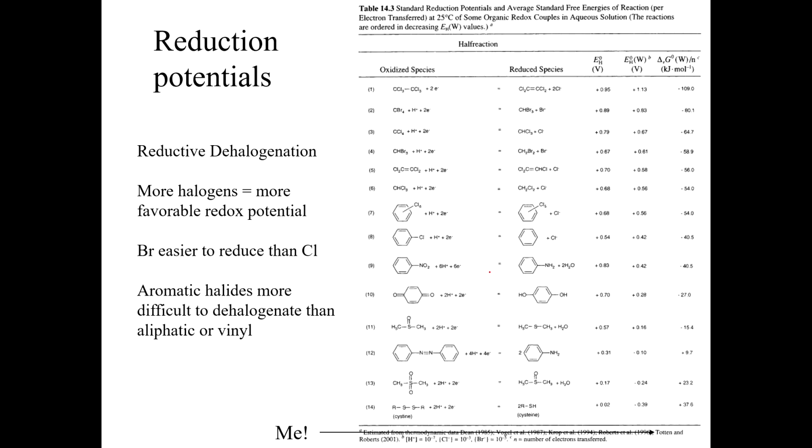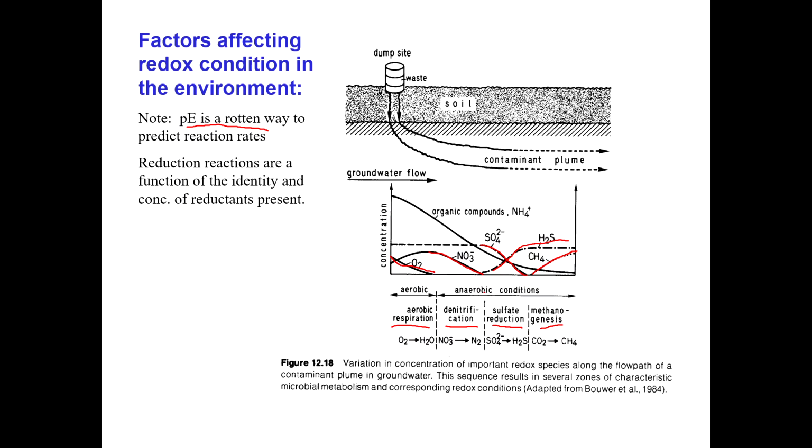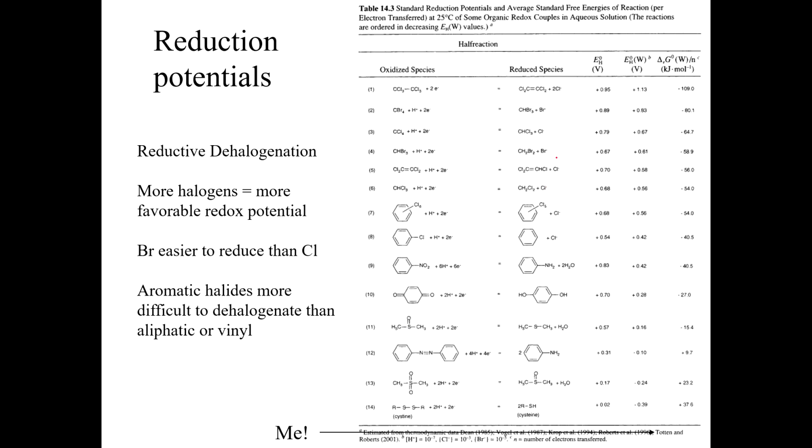Redox potentials. You can couple any of these electron accepting processes with some other processes. So here's hexachloroethane, one of the examples I showed. Hexachloroethane taking up 2 electrons has, again, here's the E value, that's the one we really want to look at, a really positive plus 1.13 volt electrode potential.